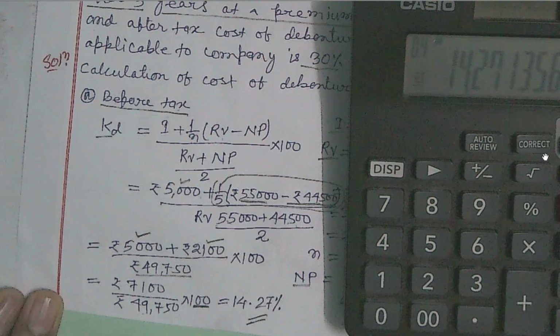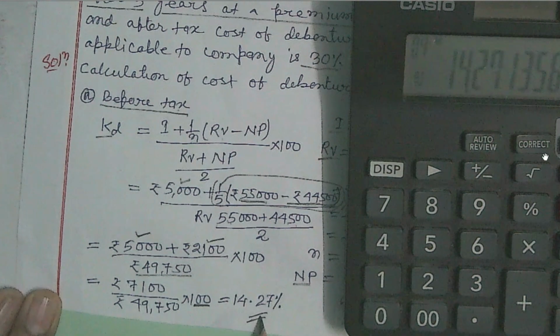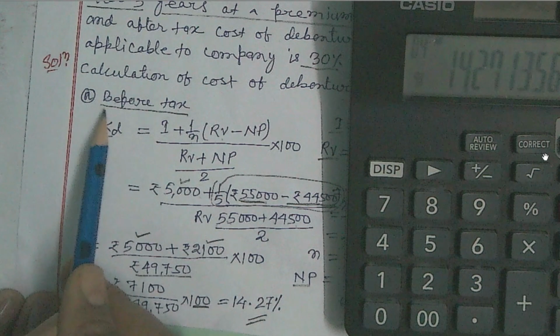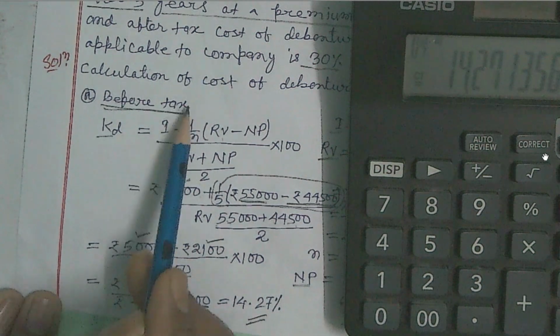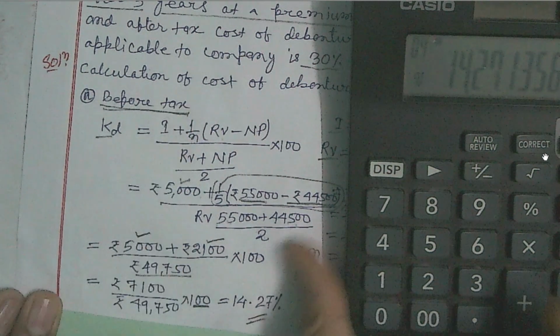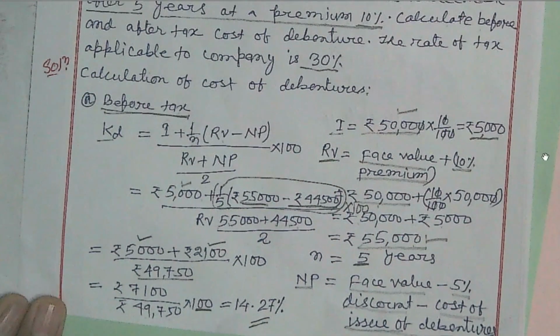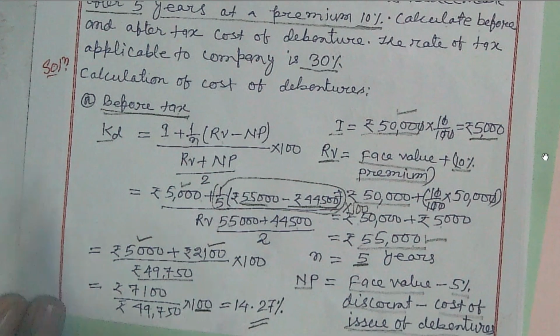So this is the rate of interest payable by a company before tax in the case of redeemable debentures. So this way we calculate it. Okay, so now this is before tax.